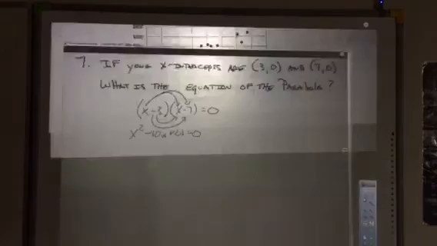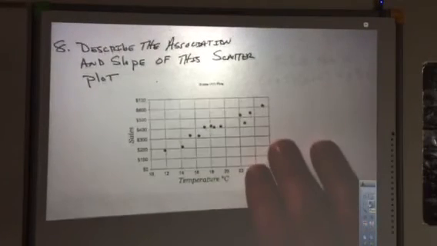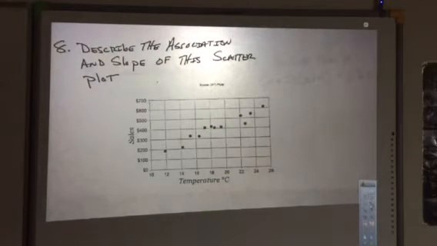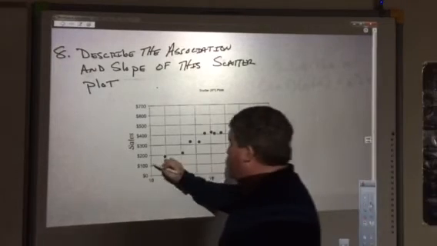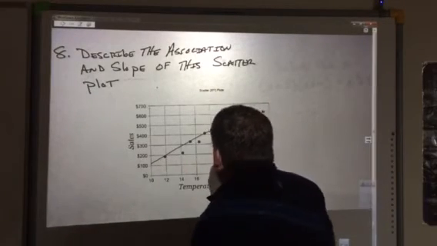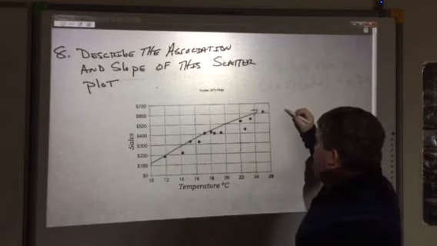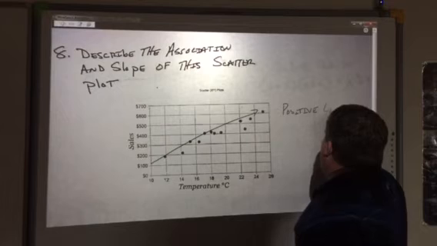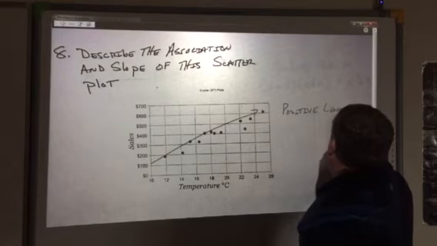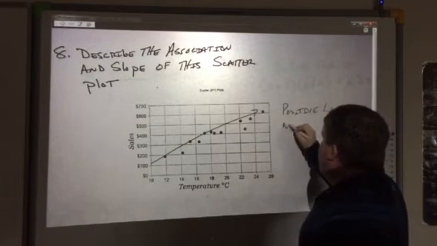Number 8, we're just describing the association of slope. So if I put a line of best fit through here, my association would be probably positive, linear, positive, no outliers.